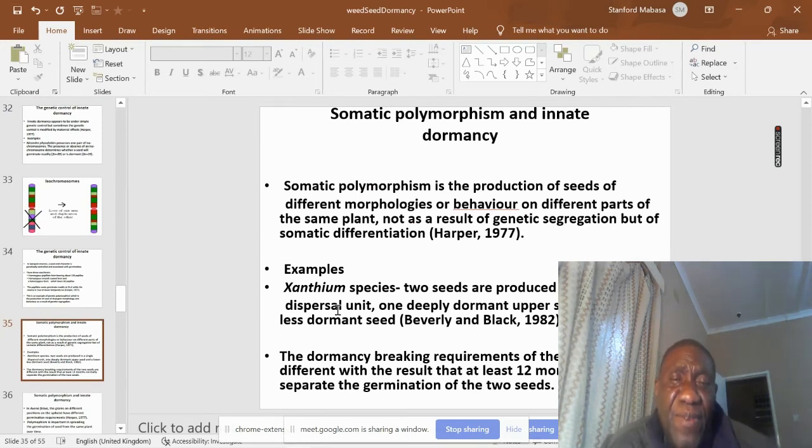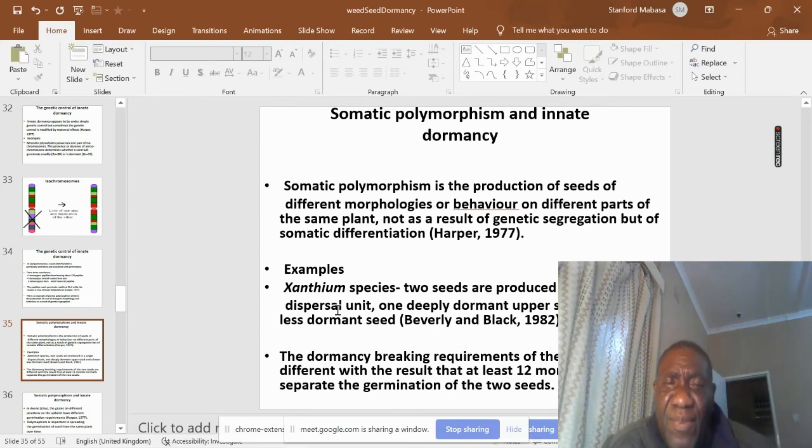Now, apart from the genetics, there's also what we call somatic polymorphism, which can affect innate domains. Now, with the somatic polymorphism, you may have seeds which behave differently as a result of being produced on different parts of the plant.